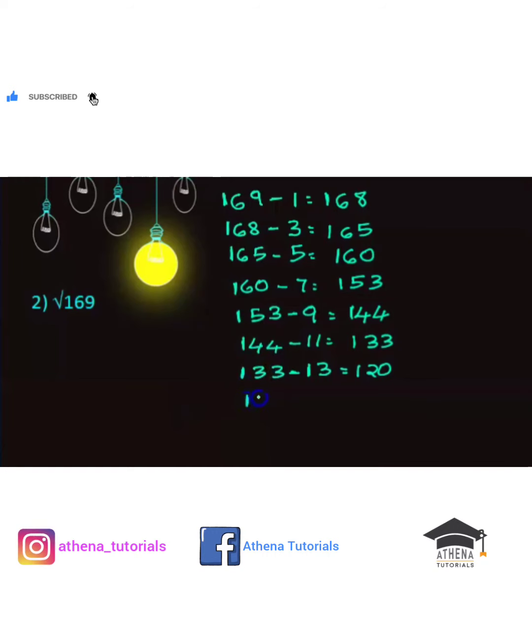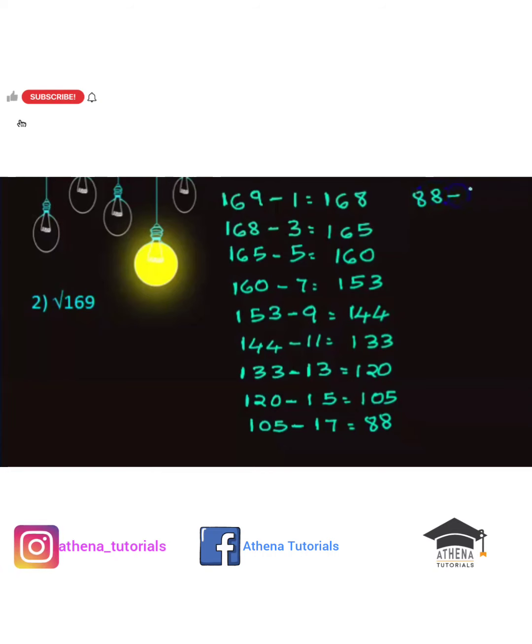So 120 is subtracted by, after 13 it is 15, the next odd number. So it will be 105. So 105 minus 17. We'll get the answer as 88. I'll continue here. So 88 is subtracted by 19.